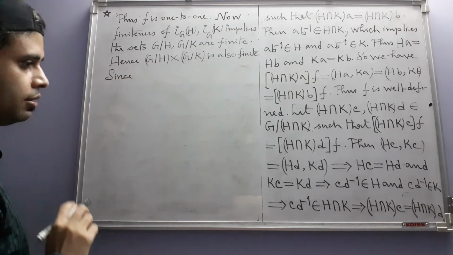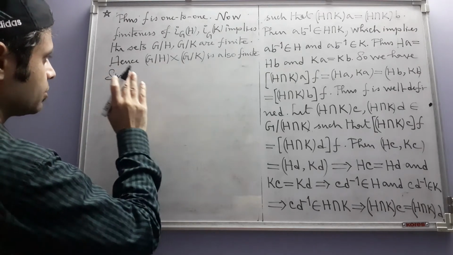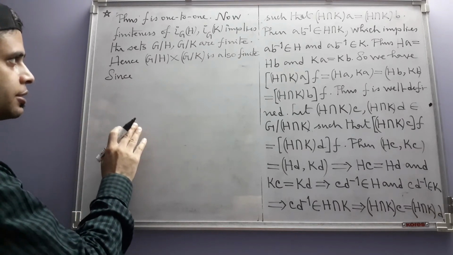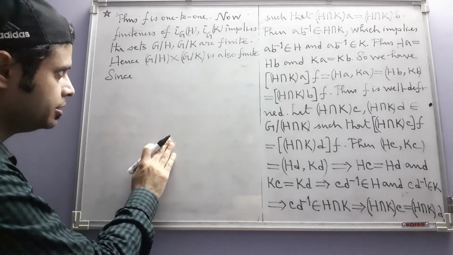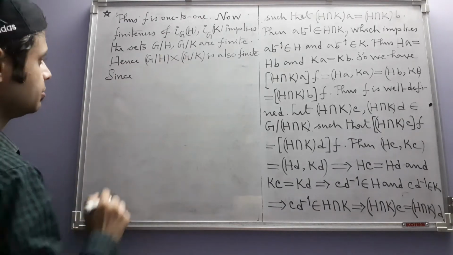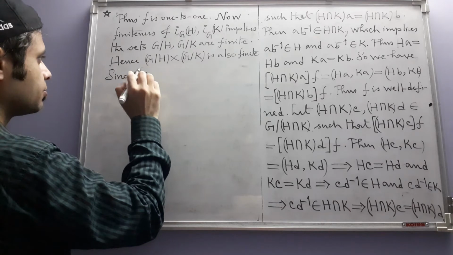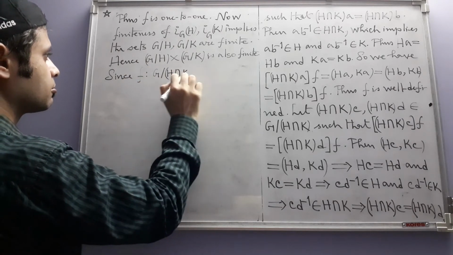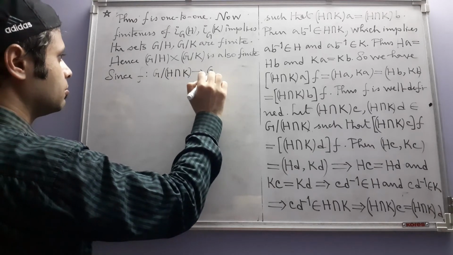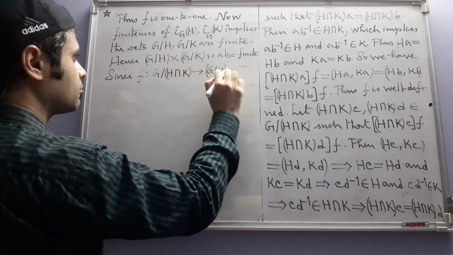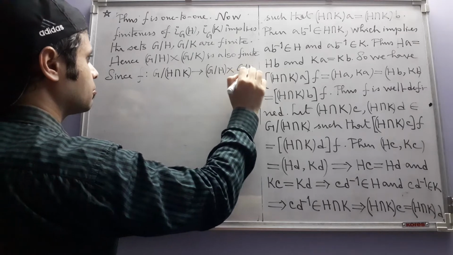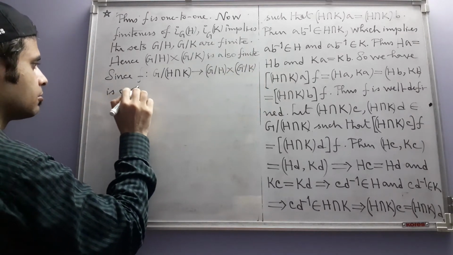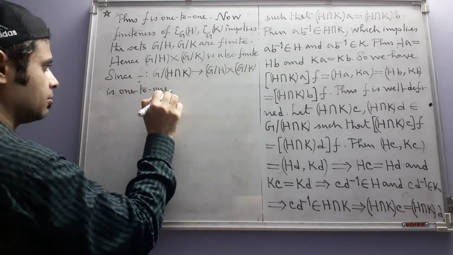But note that we have a one-to-one function from the set of all right cosets of H intersection K in G into this set, since f is one-to-one.